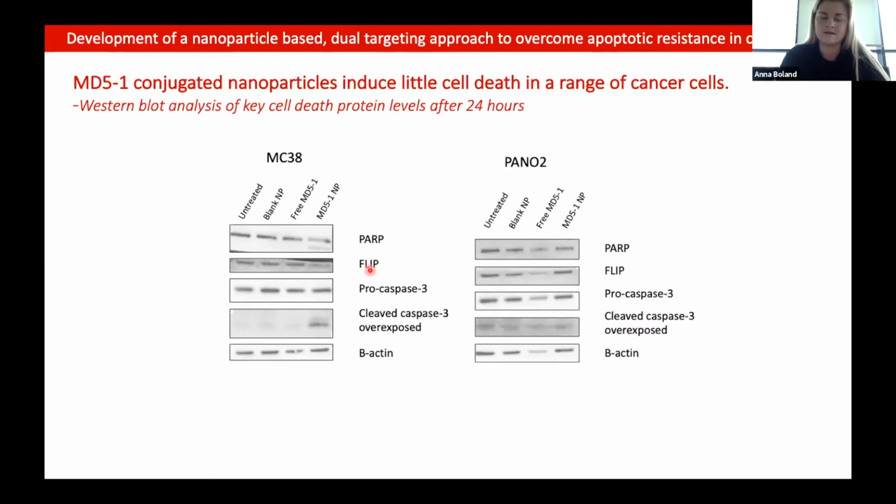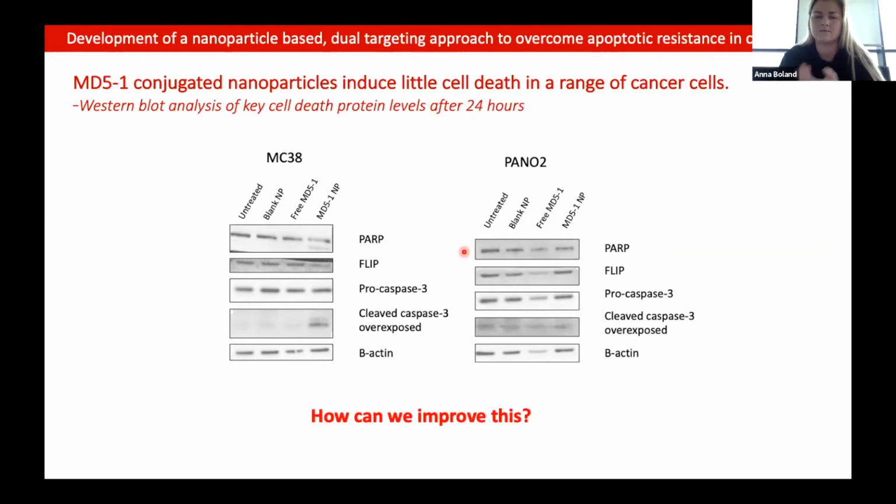We're also seeing the cleavage of caspase 3, indicating its irreversible activation and drive towards apoptosis. And we're seeing possibly some inhibition of FLIP, which we will move on to a little bit later, as to why this is important. We're not really seeing any of it in the PAN02s, which kind of lines up with the CellTiter-Glo data, that they're a bit more resistant. So we've established we have a little cell death, but not a lot.